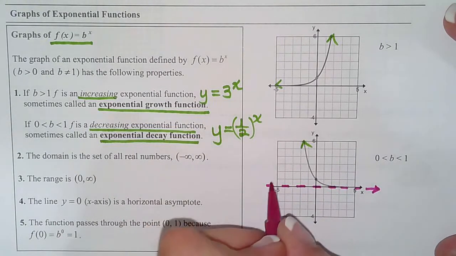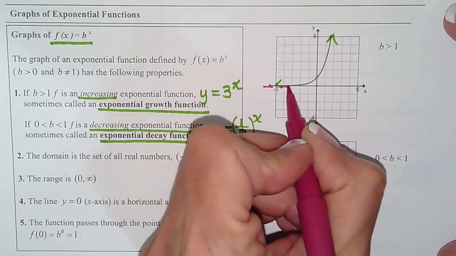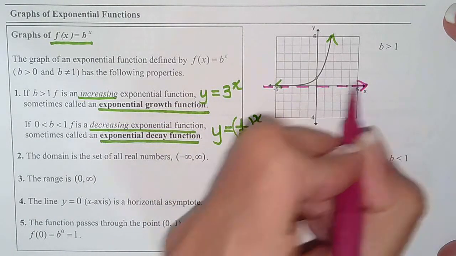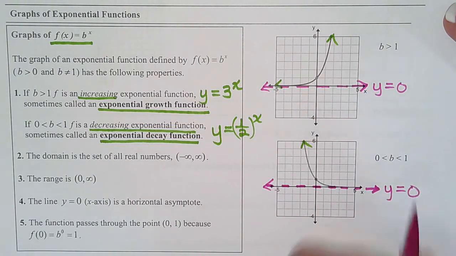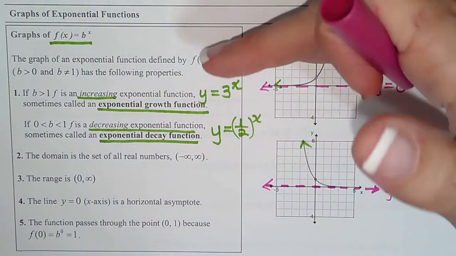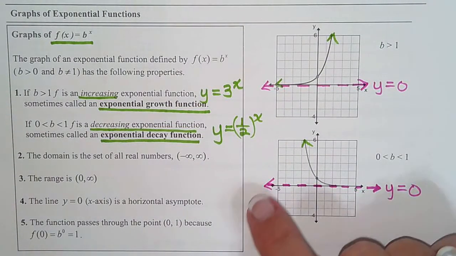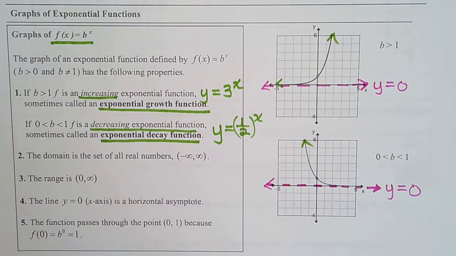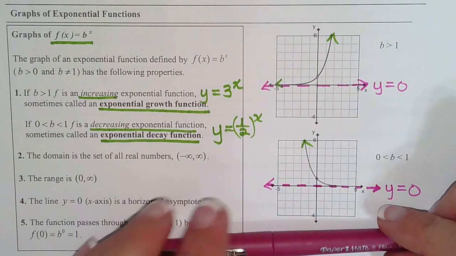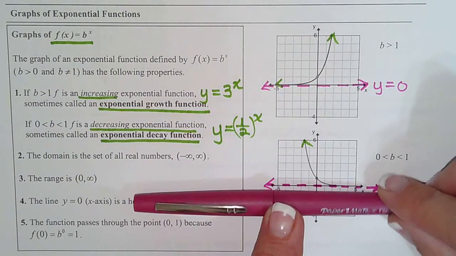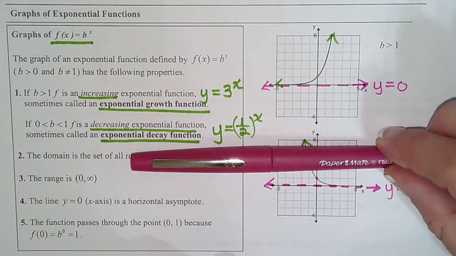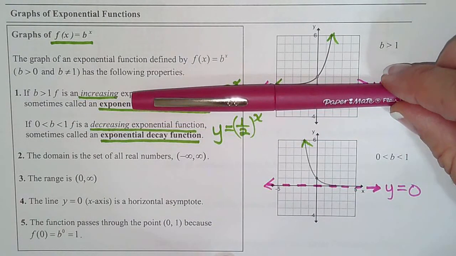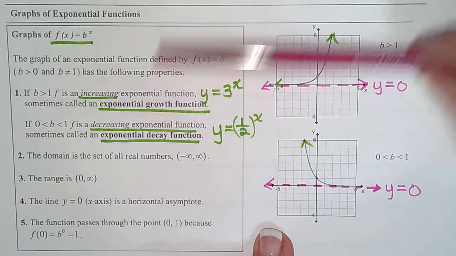Oh, I guess we talk about it here too. They're called y equals 0. Because remember from previous classes, whenever you have a horizontal line, because it only goes through the y-axis, it's y equals, and these are both right on top of the x-axis, so they're y equals 0. So the range is 0, but not including 0, so we use a parenthesis, and then they go up forever. Same thing here: range is 0, not including 0, up to infinity.